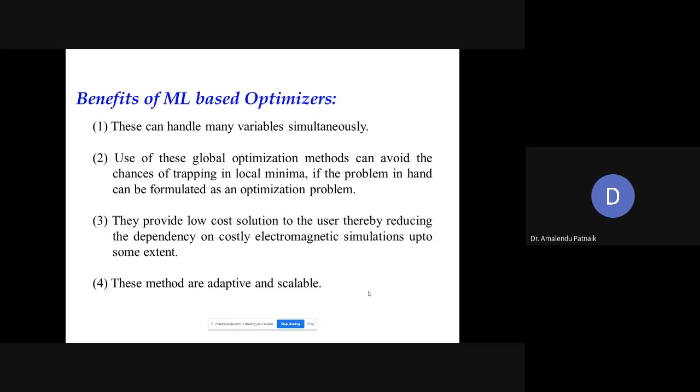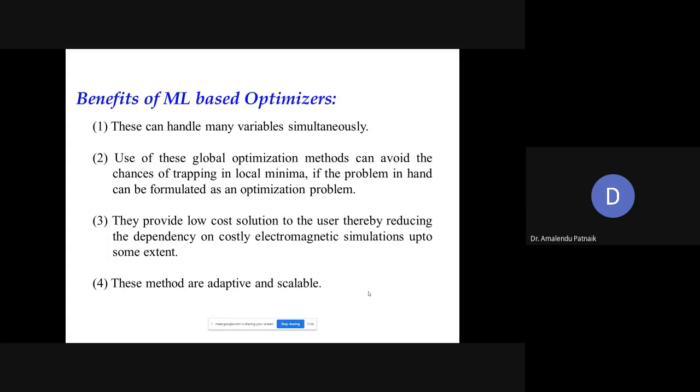But the important point in these metaheuristics, or these optimizers, is that they provide low cost solutions. And as far as antenna engineering is concerned, this is important because almost all these microwave engineering problems are costly problems.